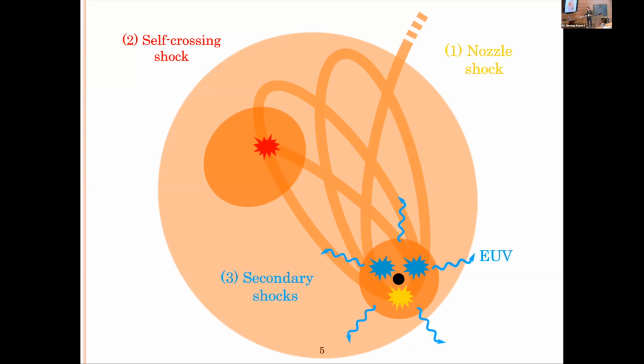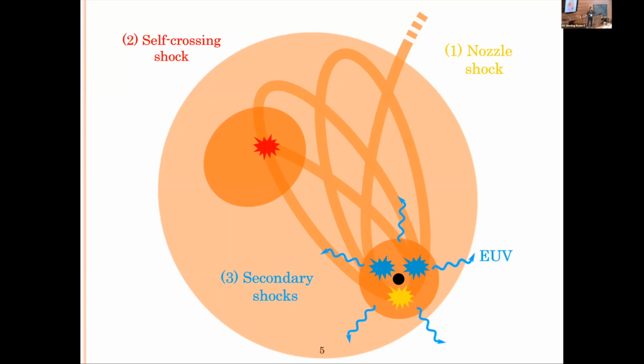I think there's some work that predicts a precursor, but the reason why I think there shouldn't be one is that even though there's heating at the nozzle shock, first of all, the heating rate is around, I think, 10 to the 40 erg per second. And also the gas is so optically thick that only a fraction of this heating rate will actually make it out as an observable luminosity. So I think it's very unlikely that it will be detectable.